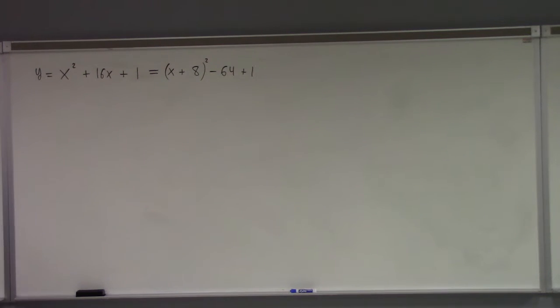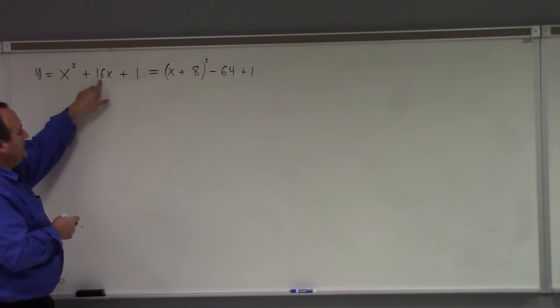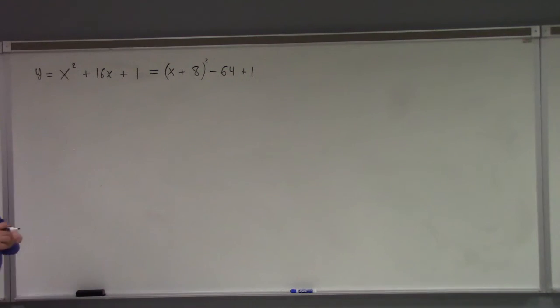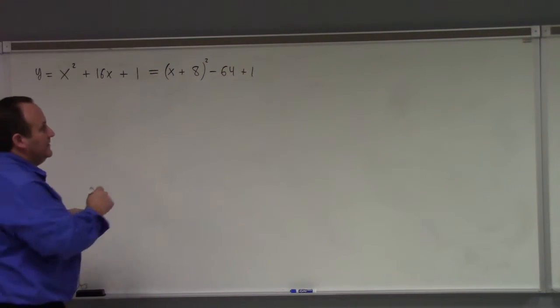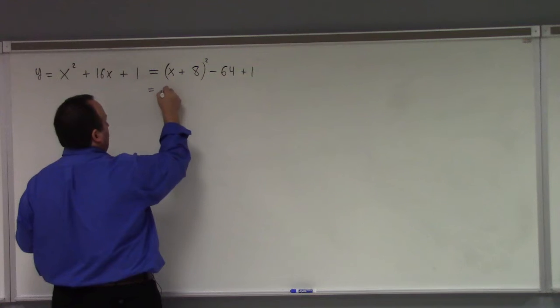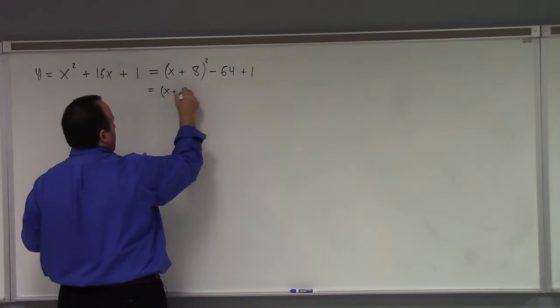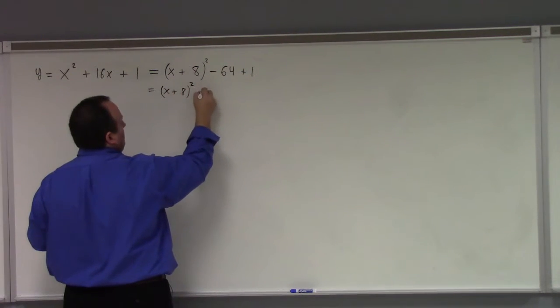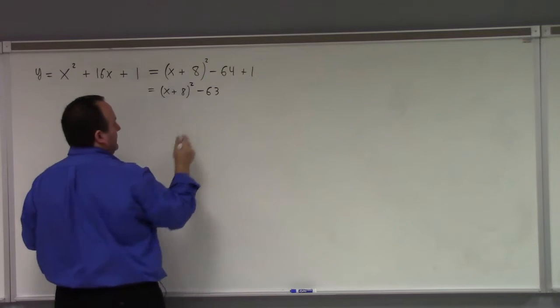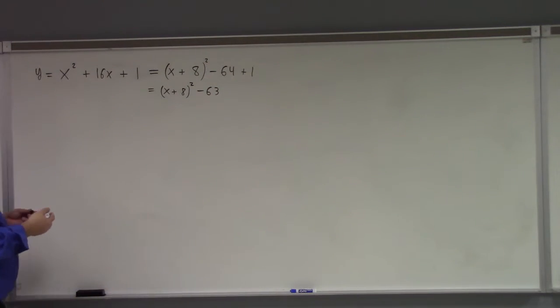That's completing the square. When the leading coefficient is 1, it's just that simple, right? And of course, if this coefficient is odd, then you get fractions and it's annoying, right? But anyway, this gives us what? X plus 8 squared minus 63. So from that, I can tell you where the vertex is.